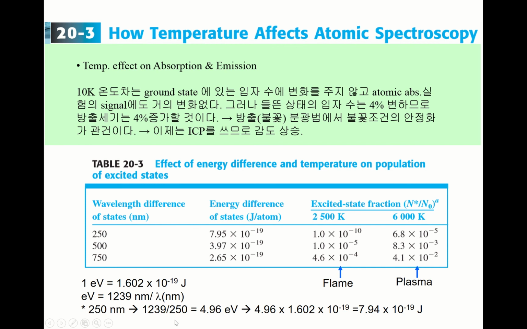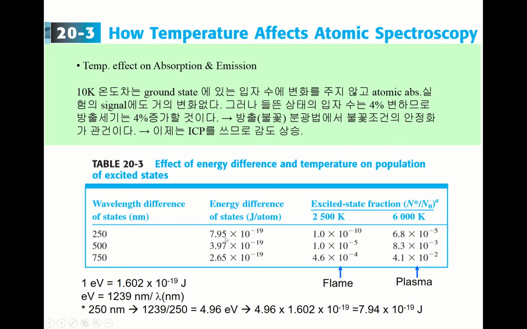Here we simply divide: 1239 divided by 250 is 4.696 electron volt. Then we multiply by the electron charge, 1.602 times 10 to the minus 19 joule, and eventually we get 7.94 times 10 to the minus 19 joule.